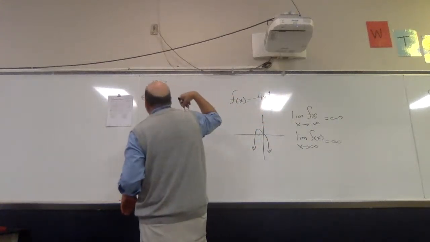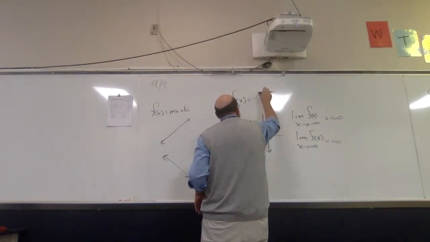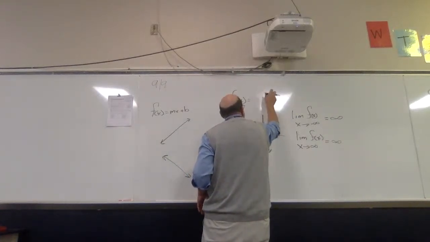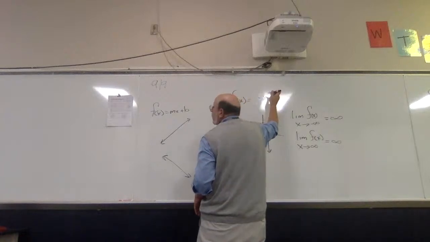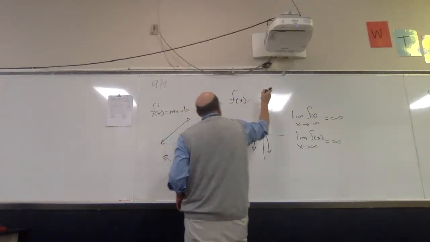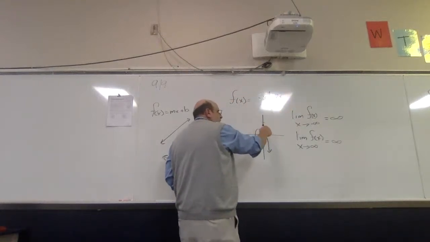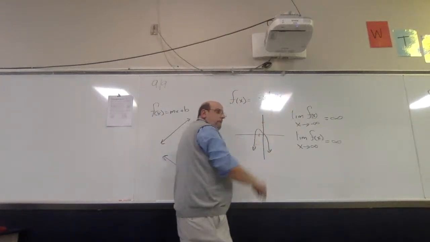Is it really 4x to the 4th? No, it's just negative x to the 4th. That'd be really steep. Negative x to the 4th minus 2x.